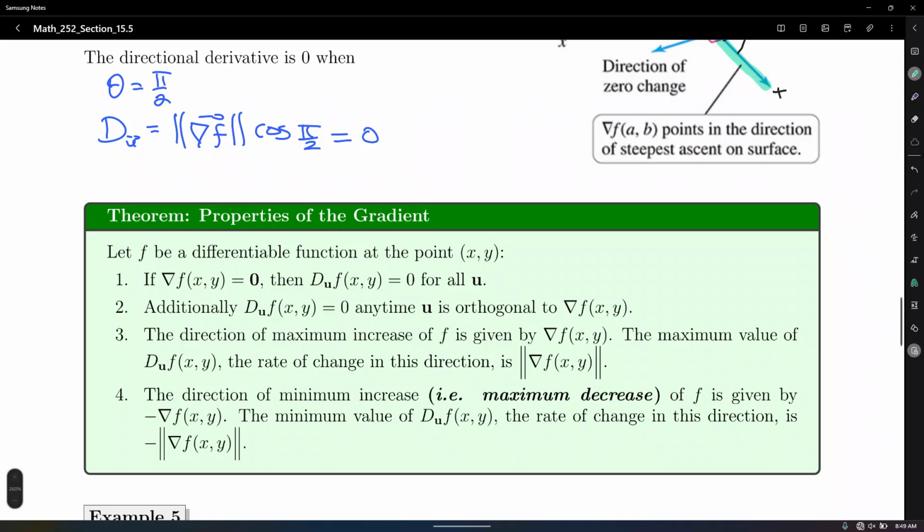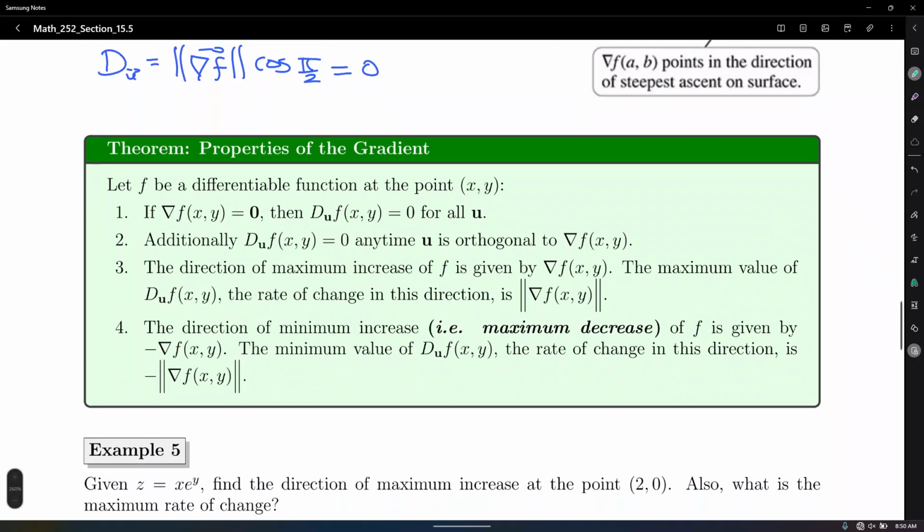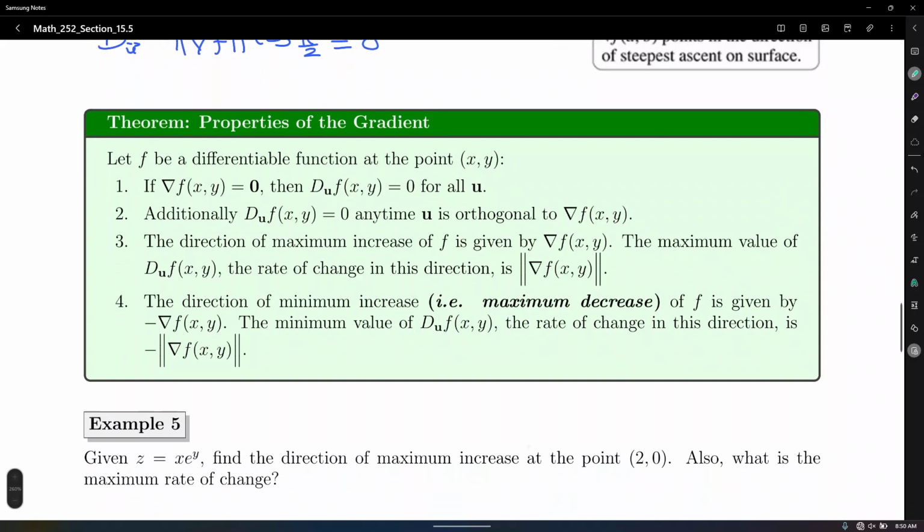Number three, the direction of maximum increase is given by the gradient at the point, and the direction of minimum increase, or maximum decrease, so careful with the wording here, is given by negative nabla, which is what we did in the picture above. So all that is summarized here in this definition box.